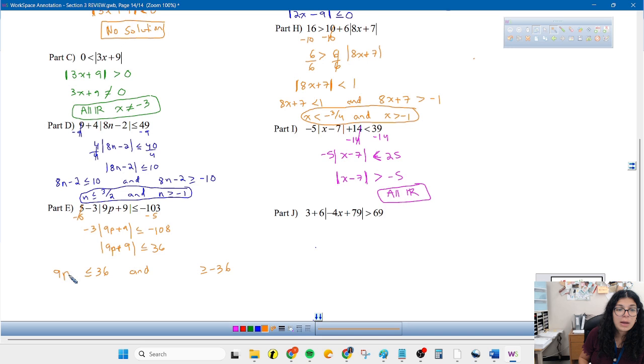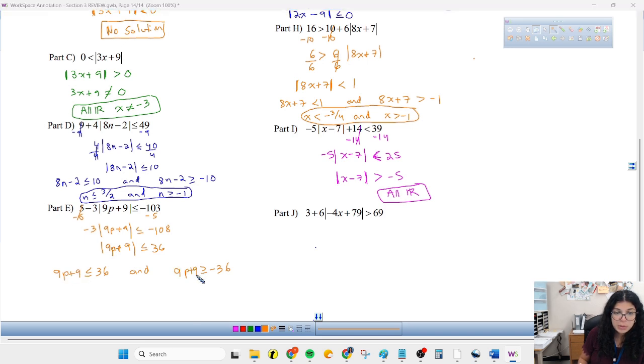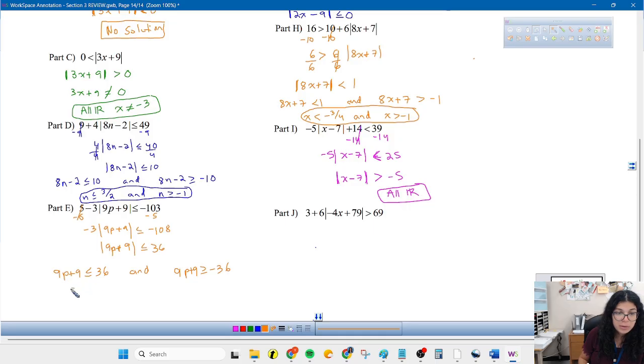So we have 9p plus 9, which we would solve by subtracting 9 first. So we get 9p is less than or equal to 27. And then divide by 9, we get p is less than or equal to 3.